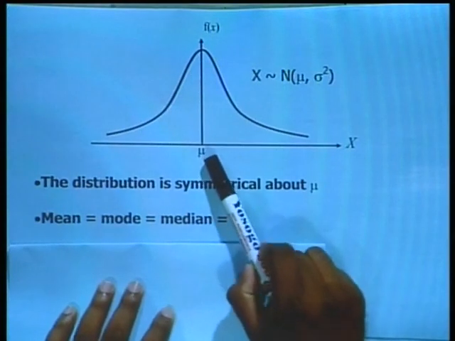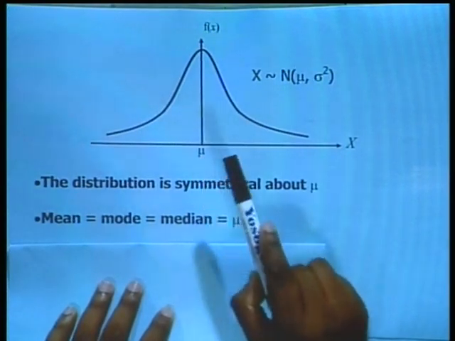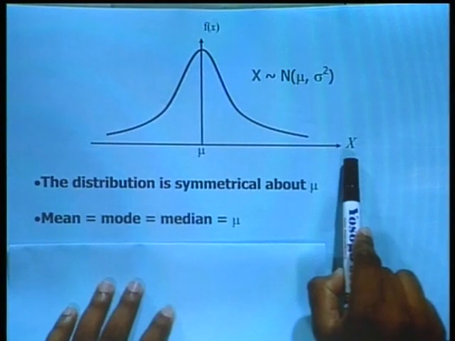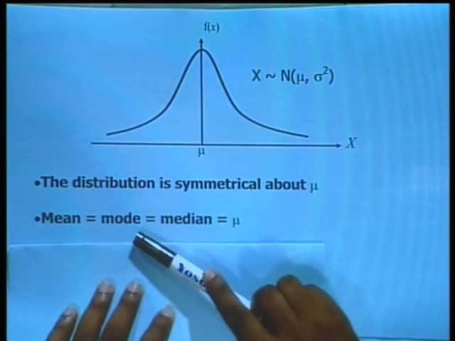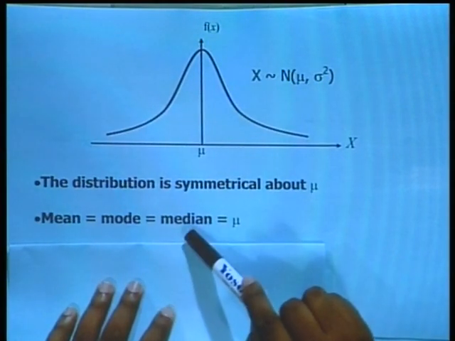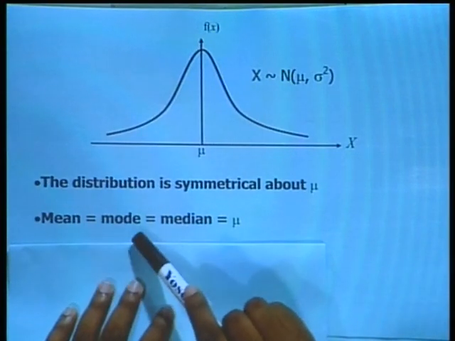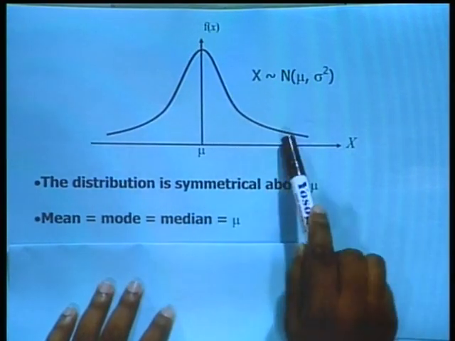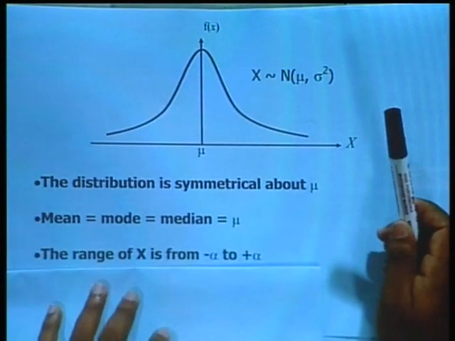For a normal distribution, the mean value of the normal variable is equal to the mode and the median. Mean equal to mode equal to median for a normal probability distribution.